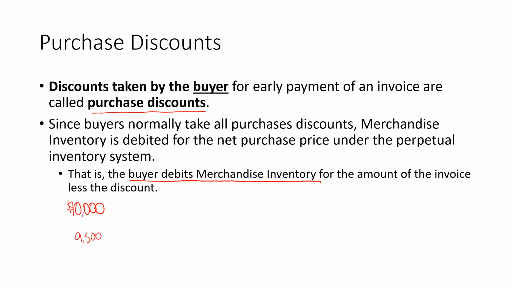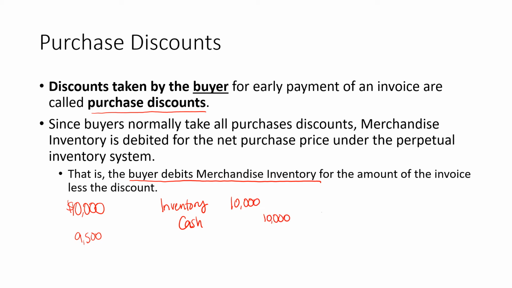I'm just throwing these numbers out there. Okay, so if they did not pay within the discount period and they just ended up paying the full price, they would debit inventory and credit cash for $10,000 because that's the full amount.